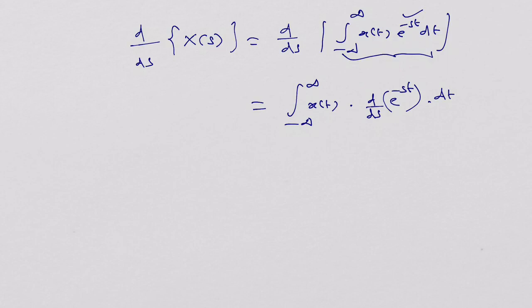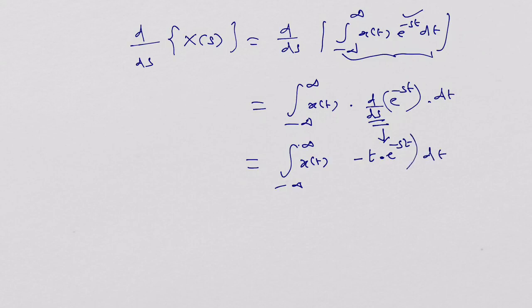Let me find out what is the signal. It is the integral from minus infinity to plus infinity of x of t into, if you differentiate with respect to s, minus t into e power minus st, because it is differentiated with respect to s, dt, right?